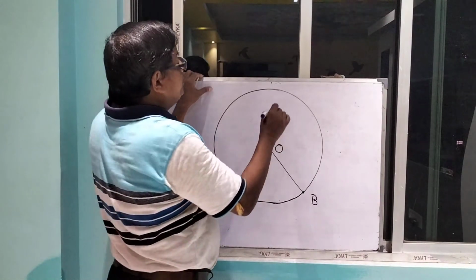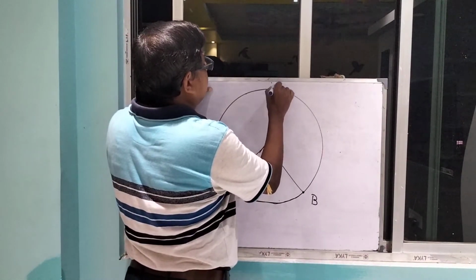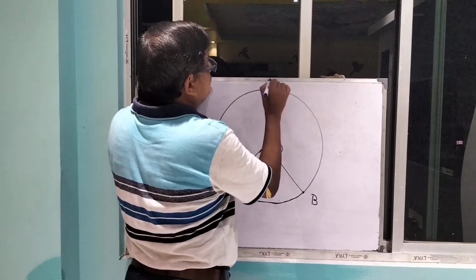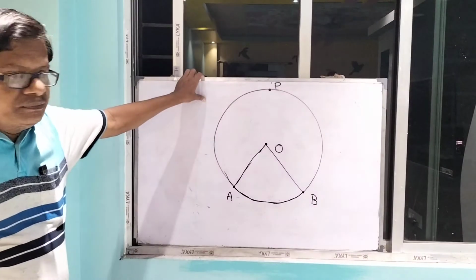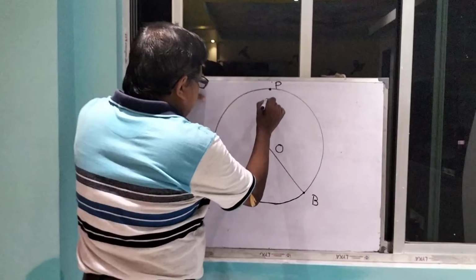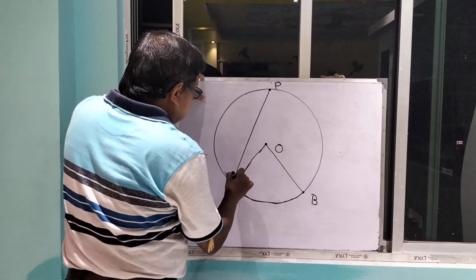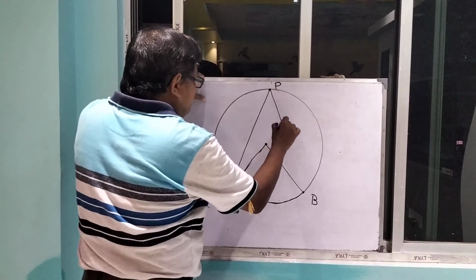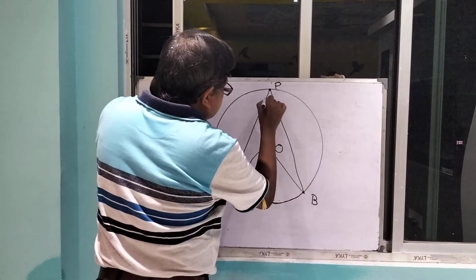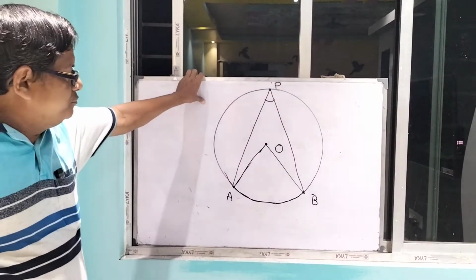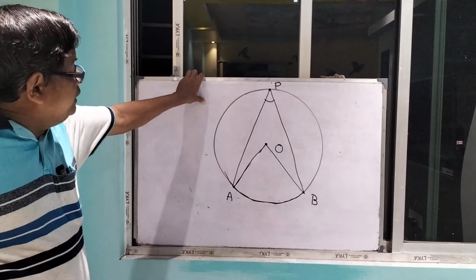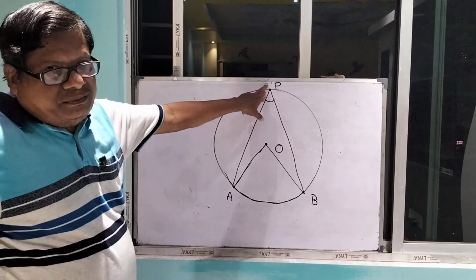If you take any point, suppose P, on the circle, now you join AP and PB. So this angle is formed, the angle subtended at the point P on the circumference.